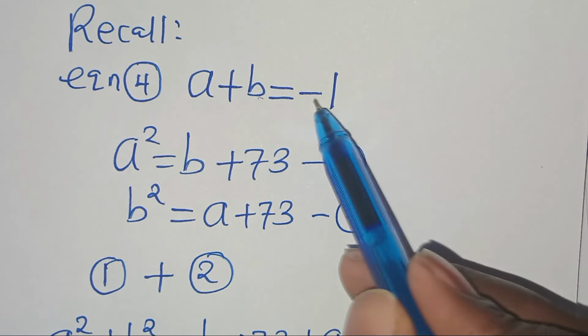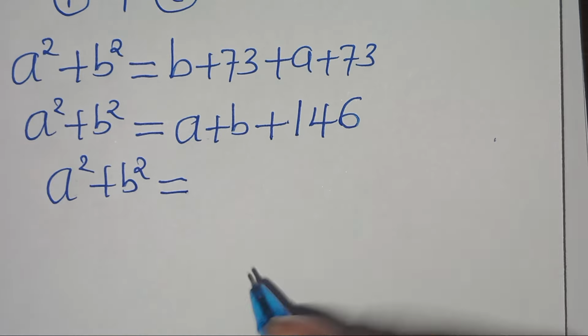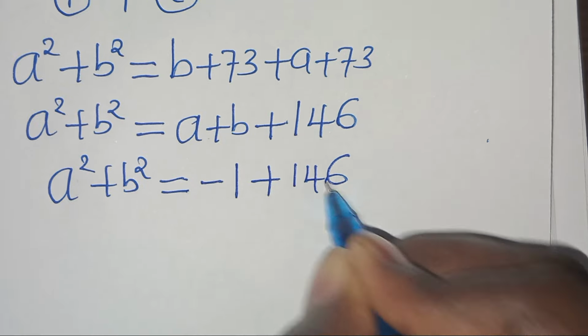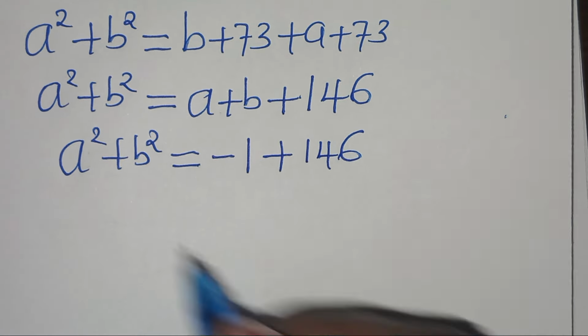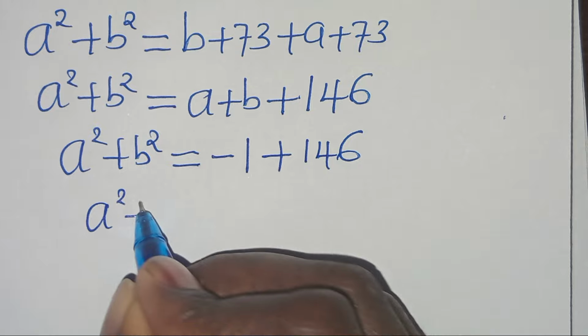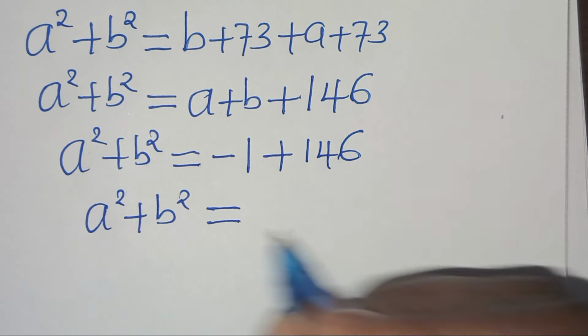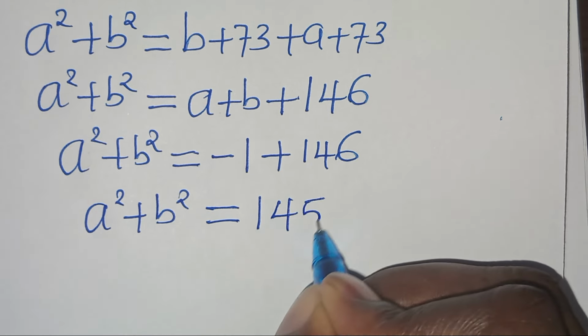A plus b is minus 1. So let's substitute minus 1 here. We have minus 1 plus 146. So that now a squared plus b squared, this is equal to minus 1 plus 146. This is 145.